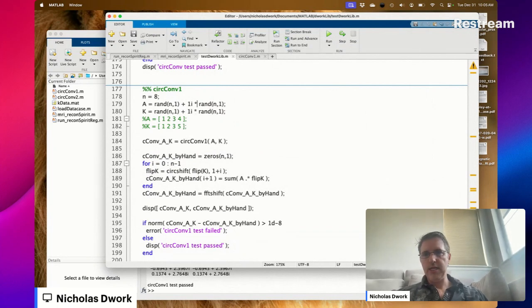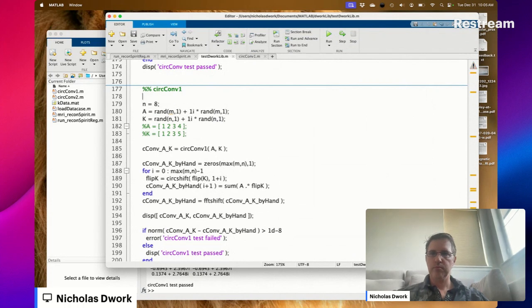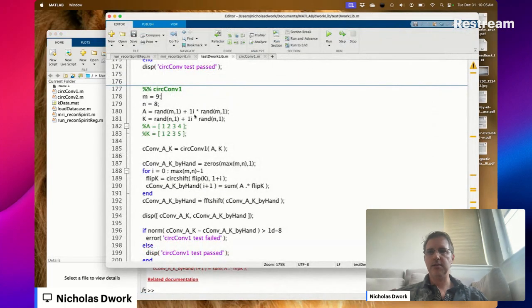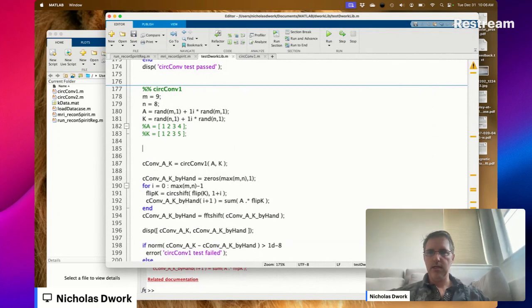What if I made them different sizes? Arrays of incompatible dimensions, of course, because now we've got to zero pad.